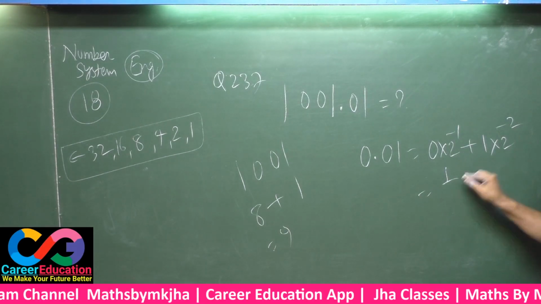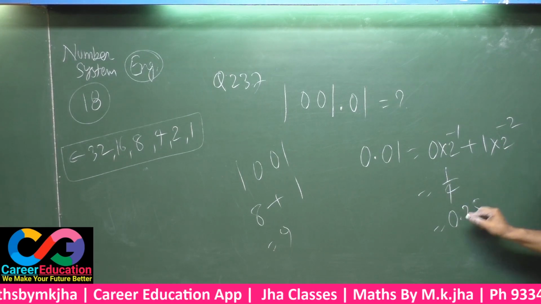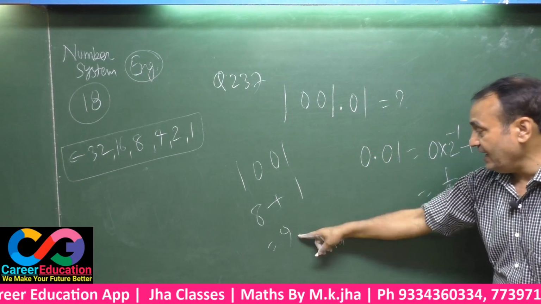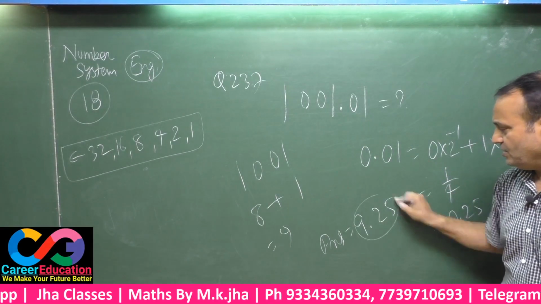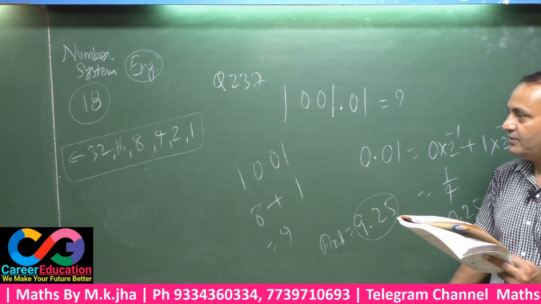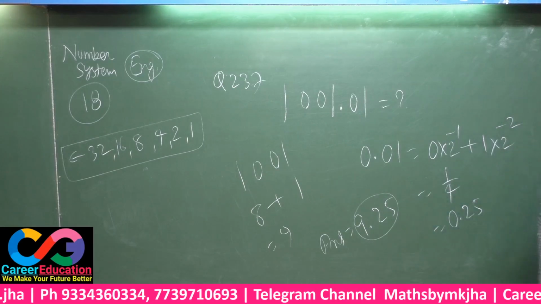This is 1 by 2 power 2, that means 0.25. Now your answer is 9 point 25. Thus you got the answer 9.25 of question number 237. This is the complete explanation of binary number system.